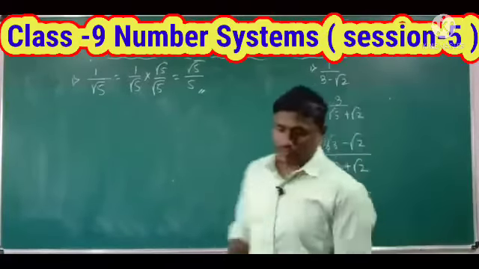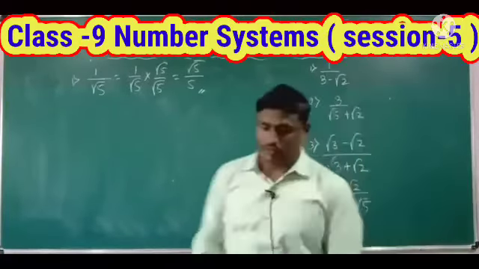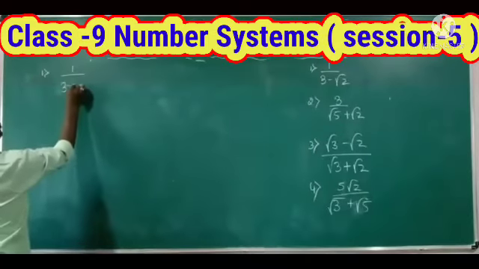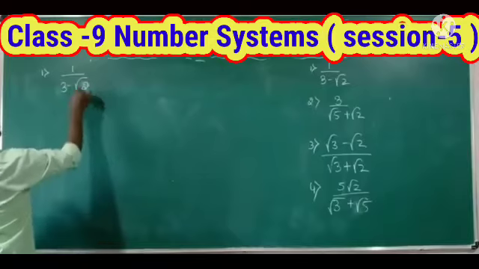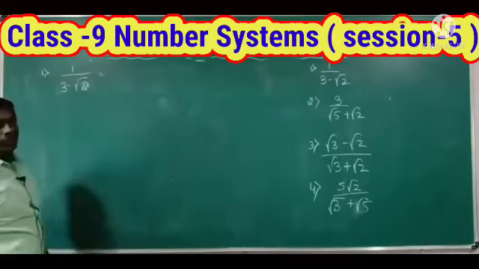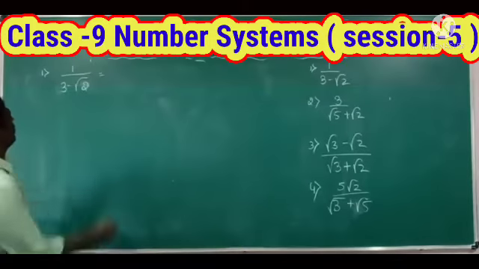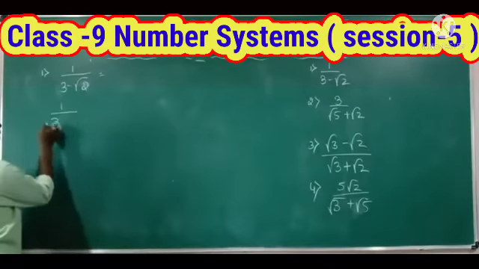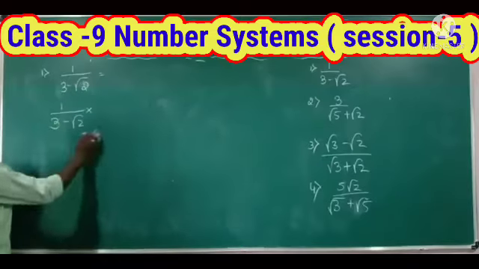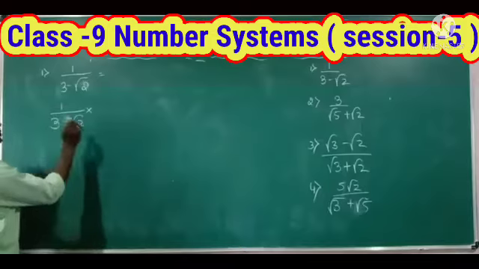See the first one, we will get some ideas by rationalizing these questions. First one, 1 by 3 minus root 2. This is the given question. You need to rationalize the denominator. What do we have in the place of the denominator? 3 minus root 2.